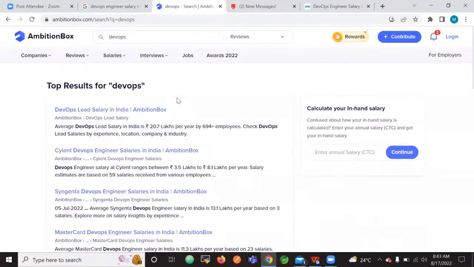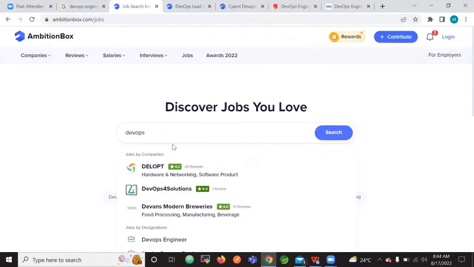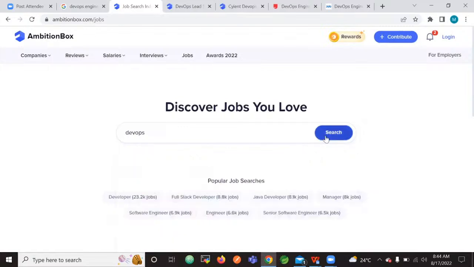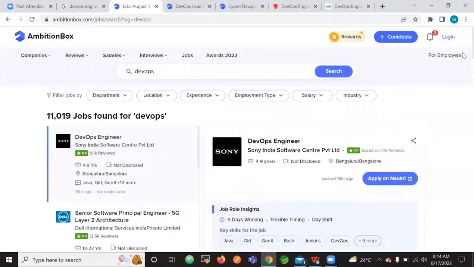It's like the Naukri portal as well. They are also providing the job details. Let me write DevOps and search for it. Perfect, DevOps engineer.